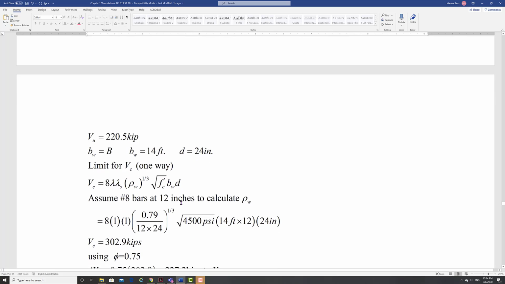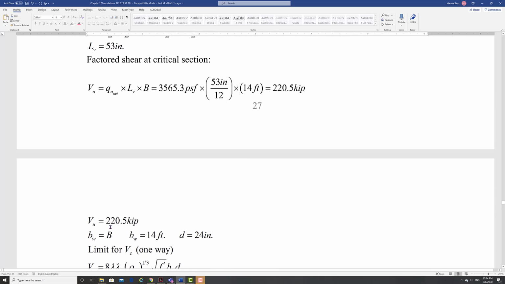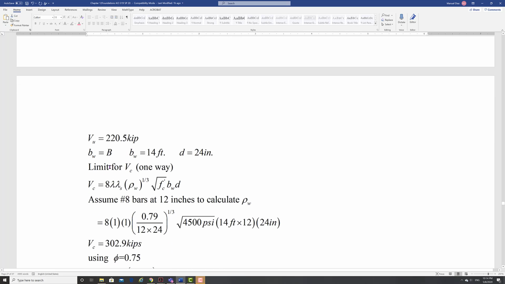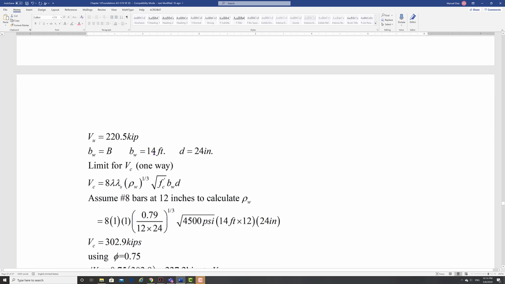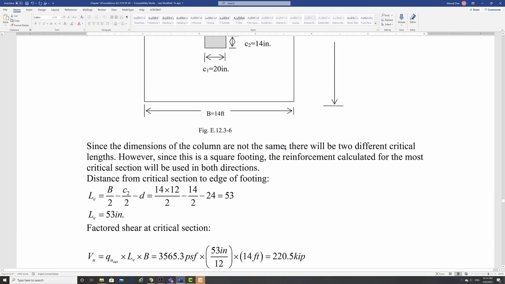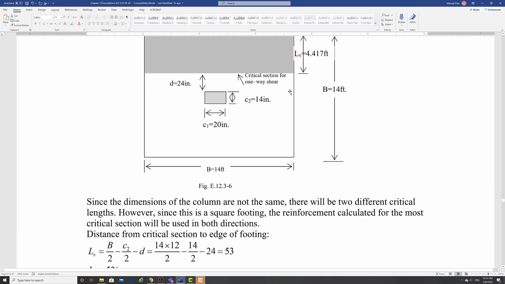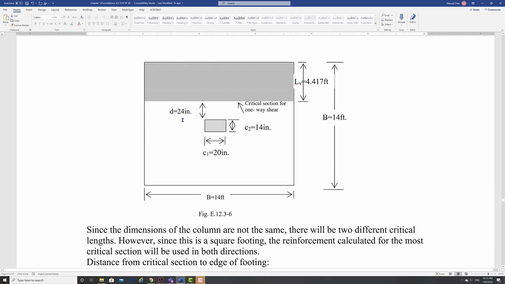All right. This is for MathCAD. See MathCAD, that one, you kind of copy the same thing. All right. So B there, your bw, 14 feet. Because now you're going to design as if you are designing a beam in cantilever, because this is your cantilever section, right? The cantilever is out that way.